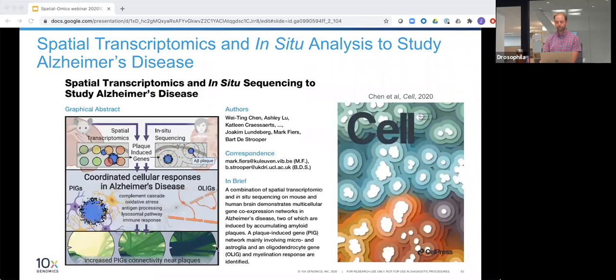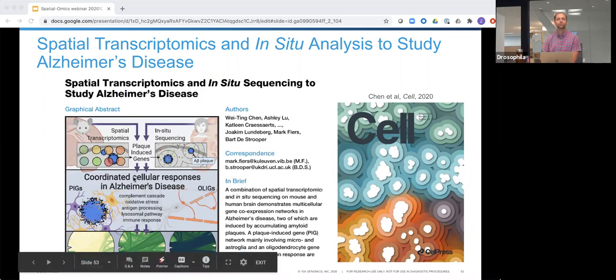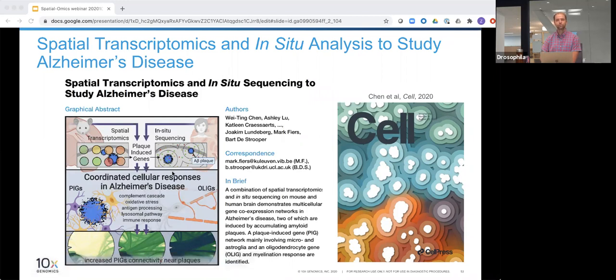And even more recently, the Cortana technology made the cover of Cell, looking at the spatial transcriptomics as well as in situ with the Cortana approach. So again, emphasizing the complementarity of these product lines. We're real excited to see what we can do with our in situ, and hopefully we'll be getting out cool products shortly with that as well.